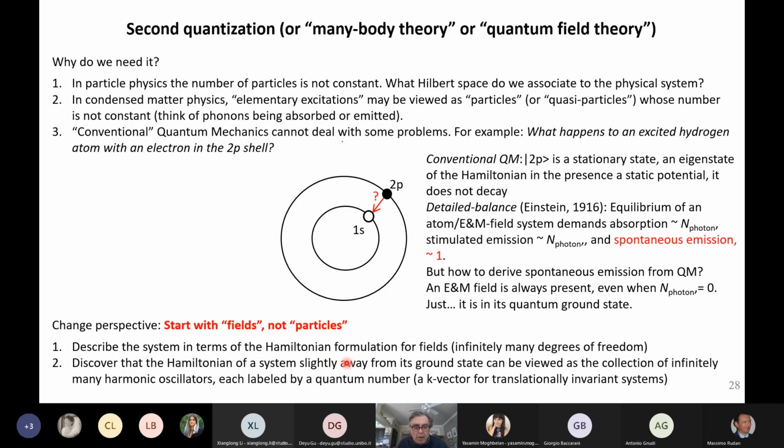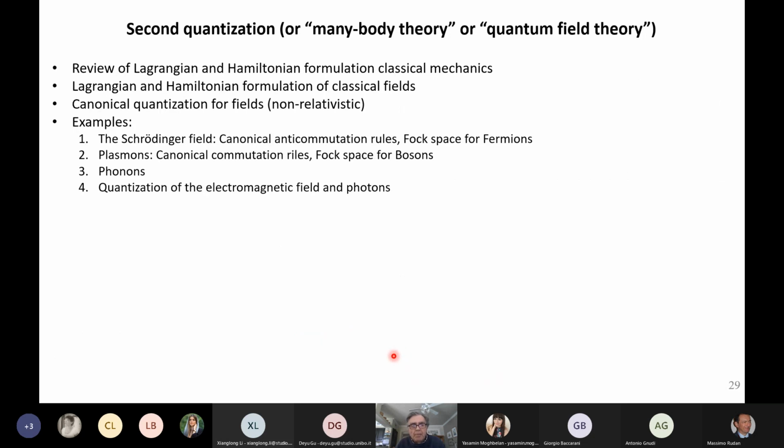The Schrödinger field, which is the first example that we will deal with, and the electromagnetic field, which again has to be quantized in order to explain this conundrum of what happens to an excited state of the hydrogen atom. And then we'll look at the excitations of a solid, starting with plasmons, which is probably the easier one. Then we'll move to phonons, and we'll see what we get.